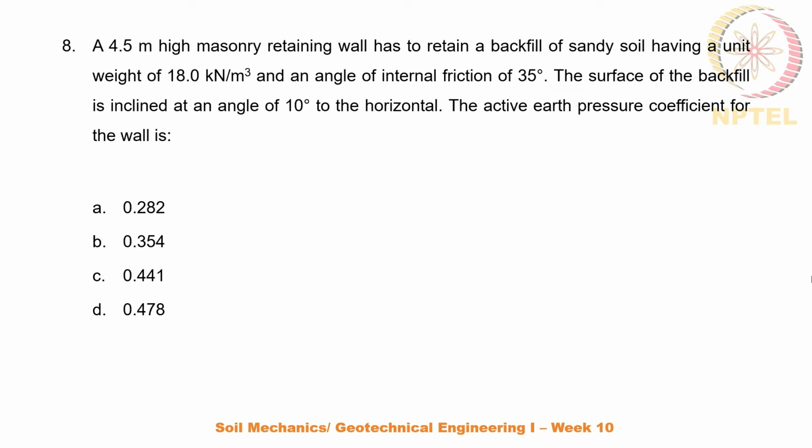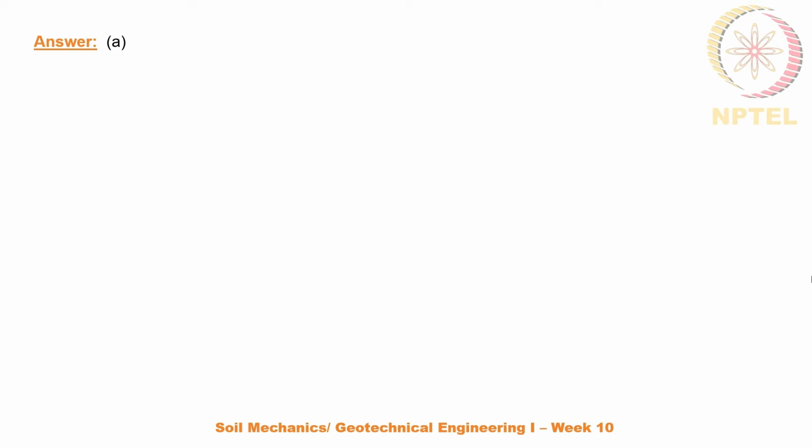Also, the inclination of the back surface of the backfill is 10 degree to the horizontal. We are asked to determine the active earth pressure coefficient. I have got an answer in the chat box as option A. So let's see which is the correct option. Yes, the correct option is option A.